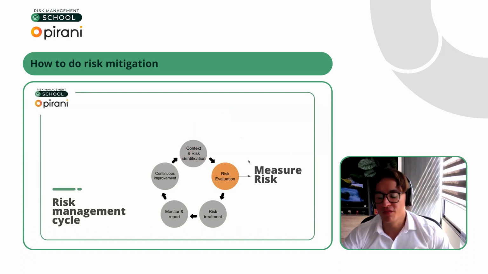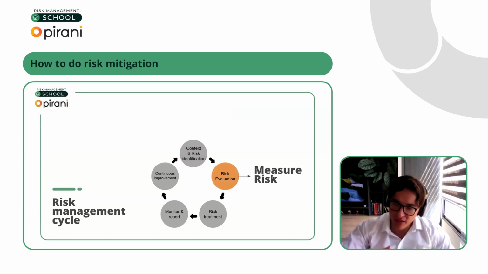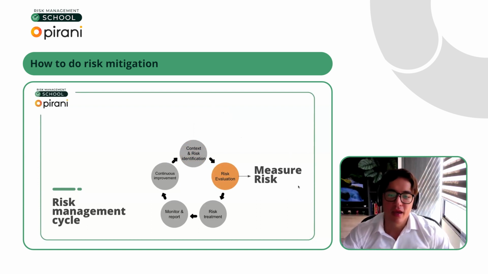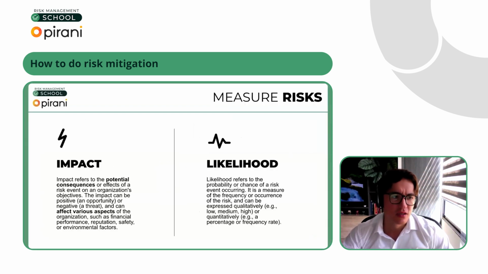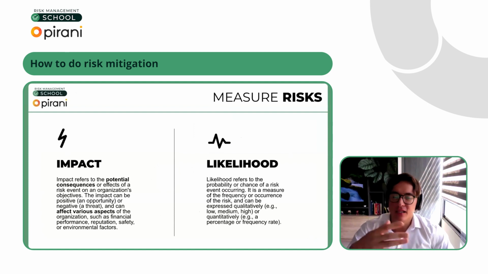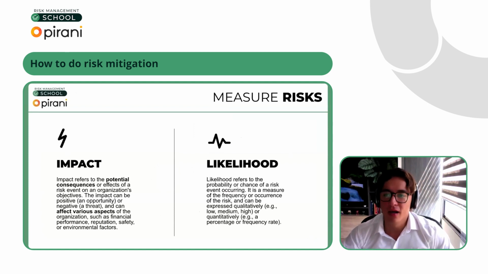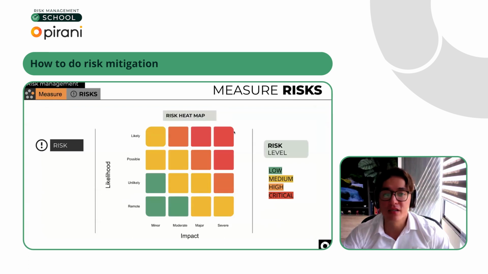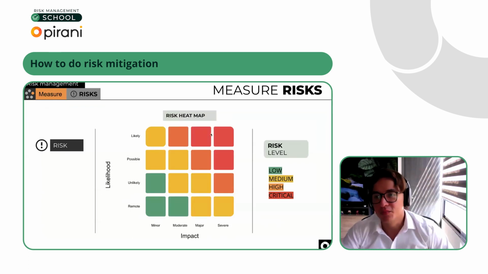There's another very important step, that is to measure the risk. So once I declare what risk can affect my company, then I need to measure or assess this specific risk. We talk about the impact and the likelihood, and we use the risk heat map to put my risks in maybe the green, the yellow, or the critical area.